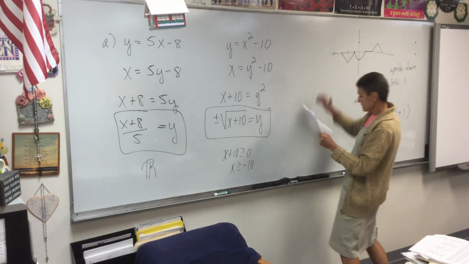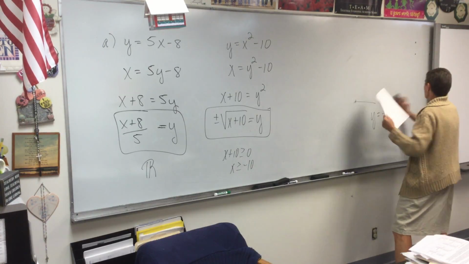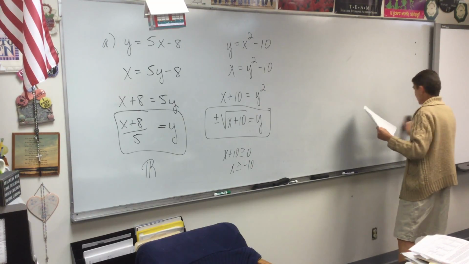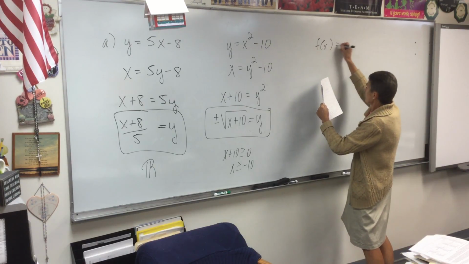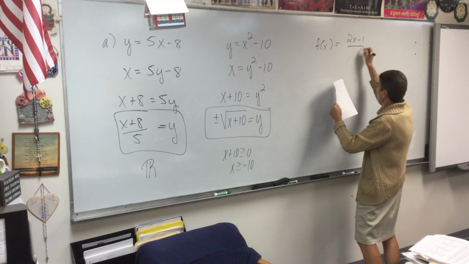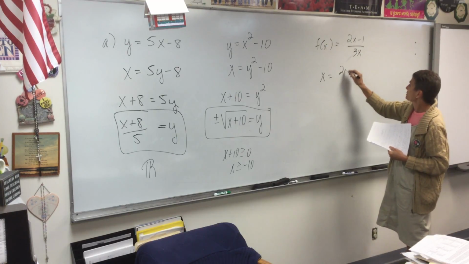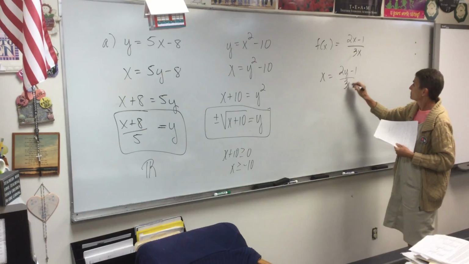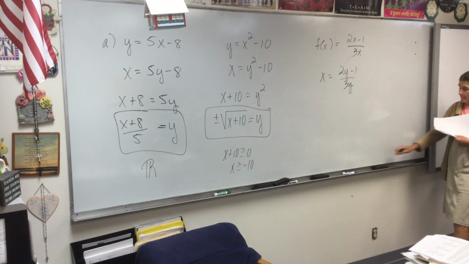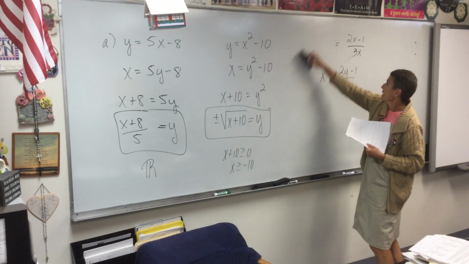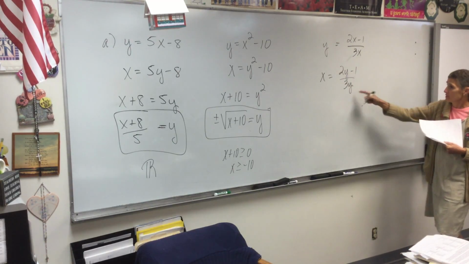And then finally C. This was on our quiz. Most of you had a quiz with this on it anyway. All right, so we'll switch our variables. Remember, this is y. All right, so let's bring that over.